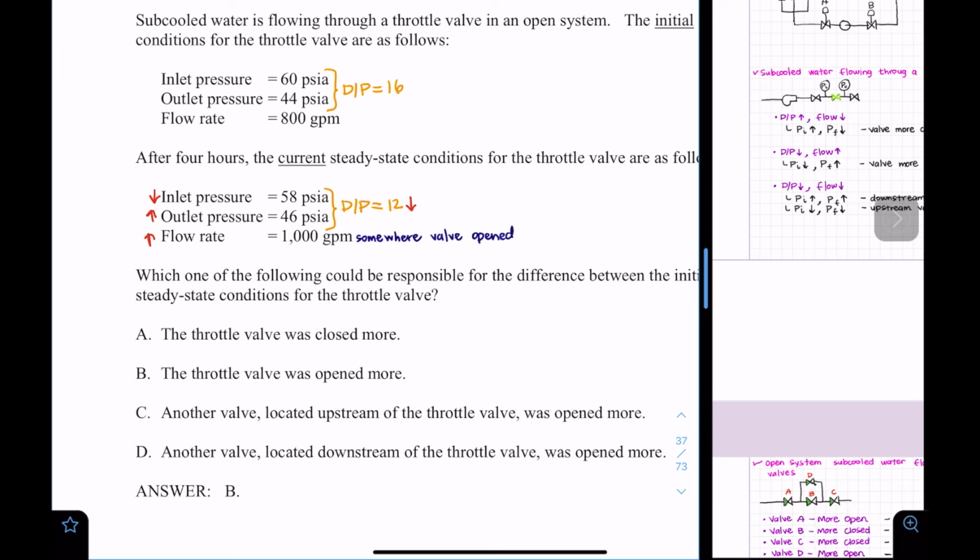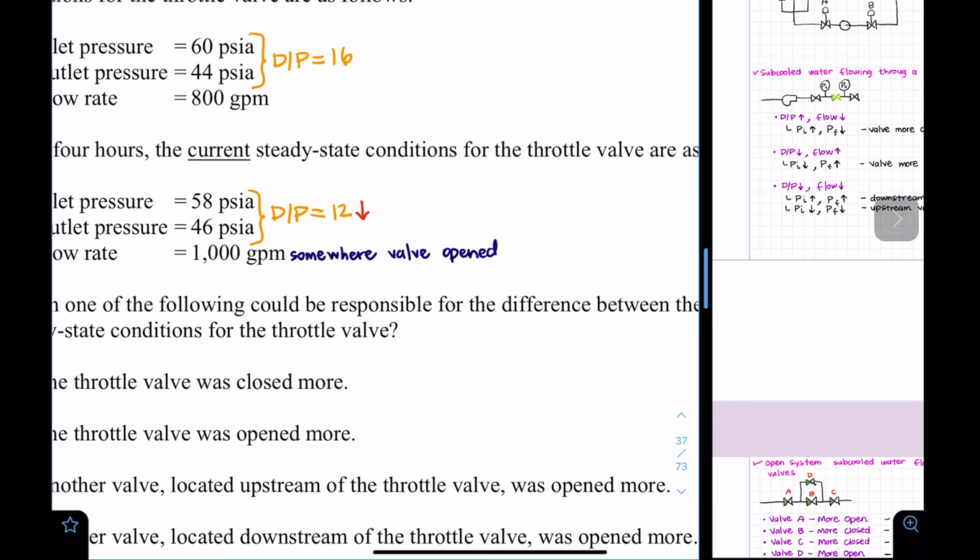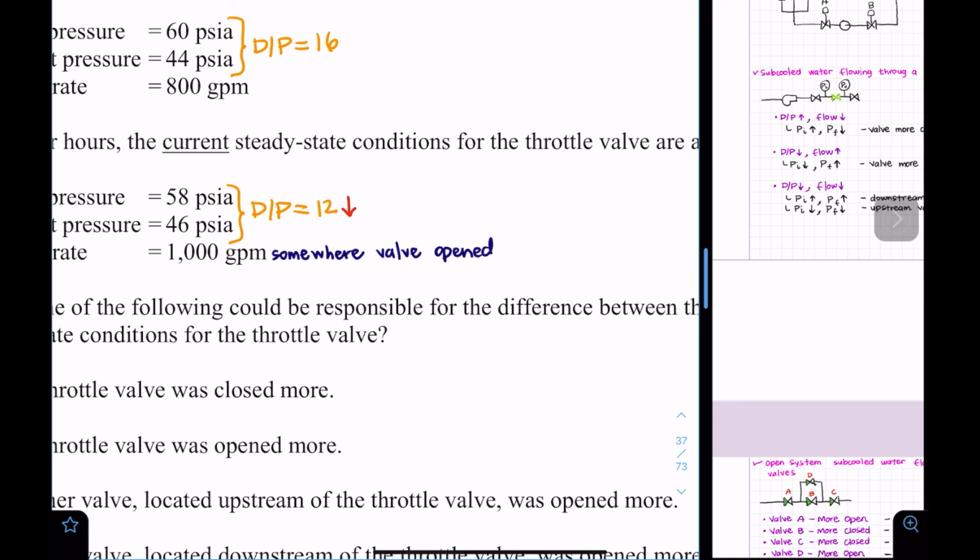So we are gonna have a differential pressure initial of 16, and then we're decreasing our differential pressure. So this is interesting because here is telling me I had an increase in my flow. So if I had an increase in my flow, somewhere a valve was open, right? Somewhere a valve was open, my differential pressure decreased, so these are opposite.